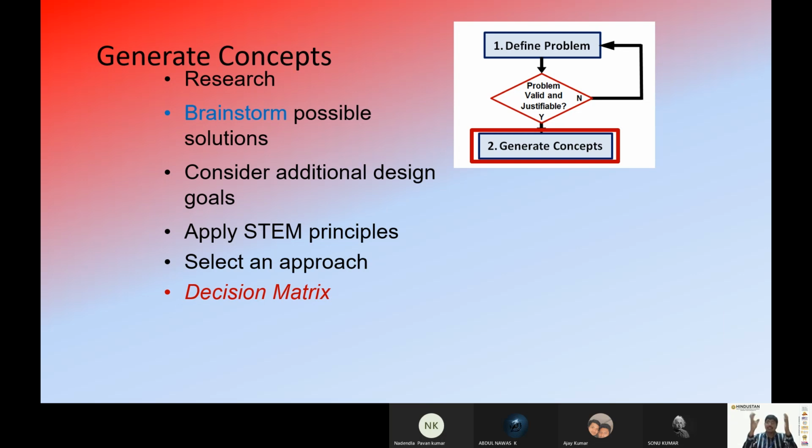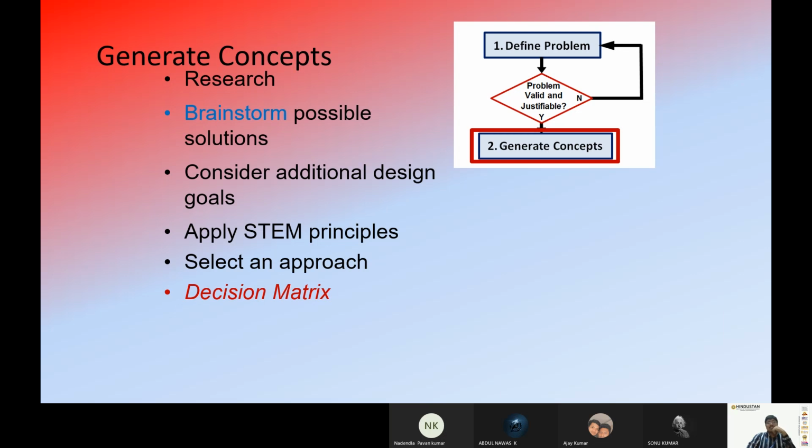Sometimes if you want to make a new design, there are different approaches, but which approach will definitely be helpful for you, that you need to understand. So the apply STEM principles, I hope I discussed with you. The next thing is about selecting the correct approach, and the final thing is a decision matrix.